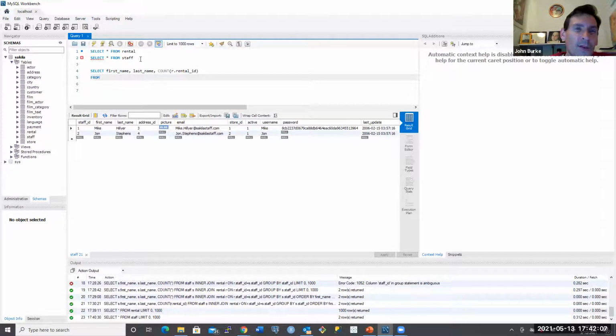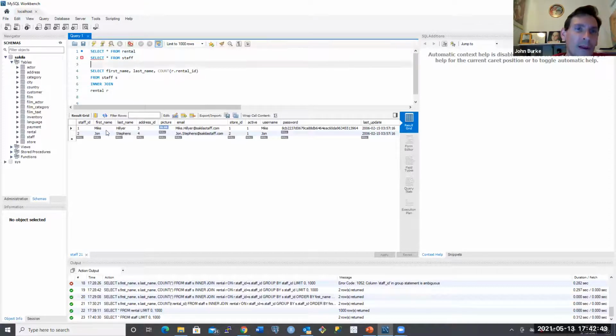We're going to have to join the information from these 2 tables. So from staff, which we'll alias as s, let's do an inner join rental r. The question becomes, what are we going to join these on? We've already looked at rental ID.